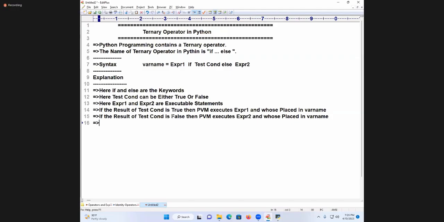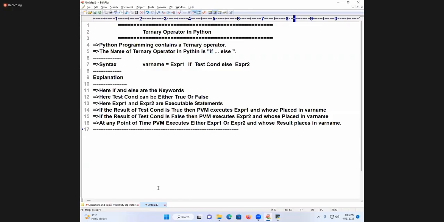So at any point of time, PVM executes either expression 1 or expression 2, and whose result is placed in the variable name. This is called the explanation of ternary operator.